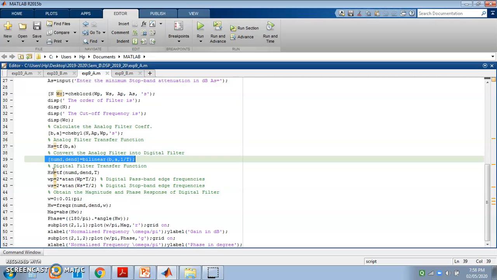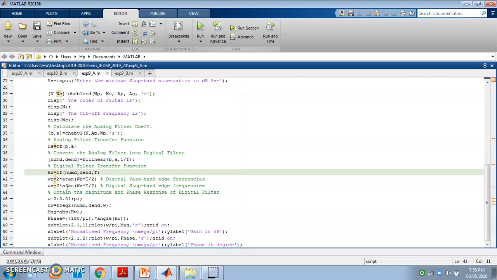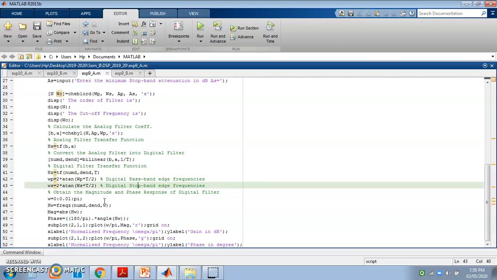Once I know the transfer function of the digital filter, the next task is to calculate the frequency response of the digital filter. For that purpose we need to convert our digital frequencies into equivalent analog values, that is passband and stopband, obtained by using 2 by T tan of, by using the bilinear transformation.